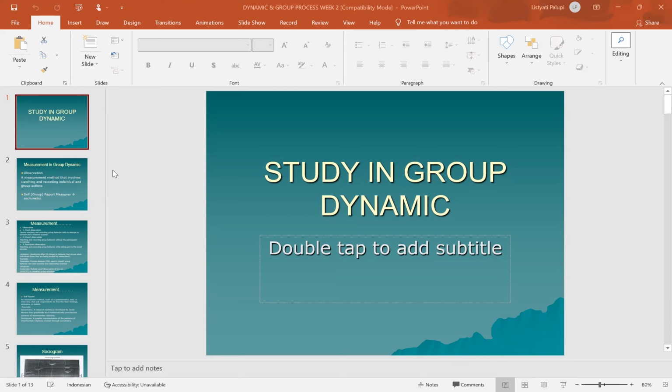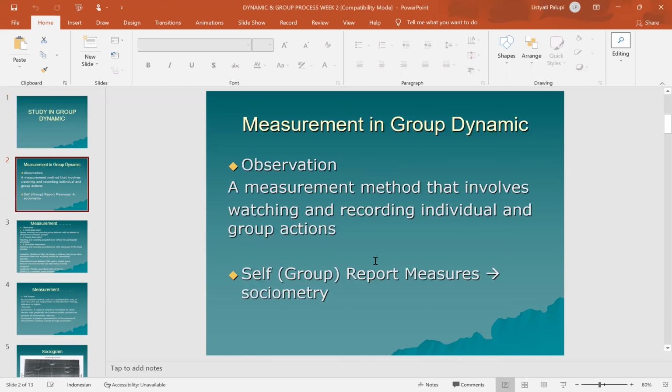There are several measurements that are usually used by scholars in the group dynamics field. They are observation and self-report.